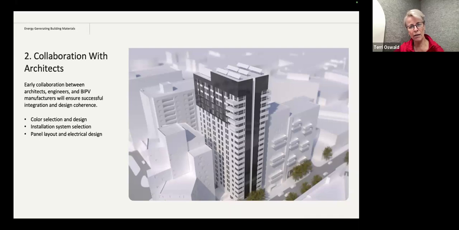And we also have some very simple rules that apply to color selection. So if your client comes to you and says, I want a white building, and then they realize that BIPV is a possibility, and then they say to you, I want the best performance possible, as much power as I can generate, but they have a white facade. So it's a good thing that we come in early so that you can go back to your client and say, well, if you want more performance, you might want to think of a darker color on the facing.